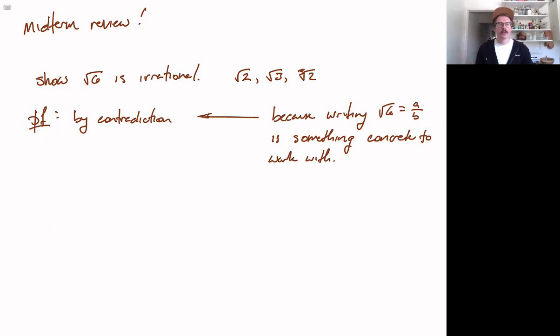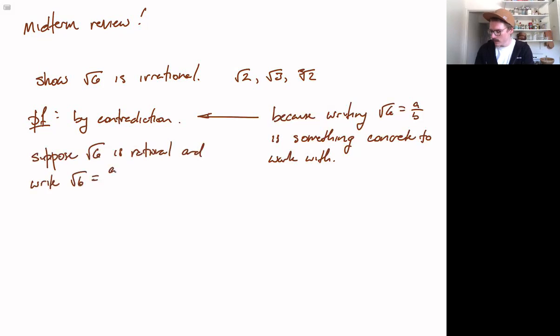So for example, in proofs where you're trying to show something is irrational, this is a common theme. It is often easier to assume that it is rational and find a contradiction. So let's do that. Suppose root 6 is rational, and write root 6 equals a over b in lowest terms.